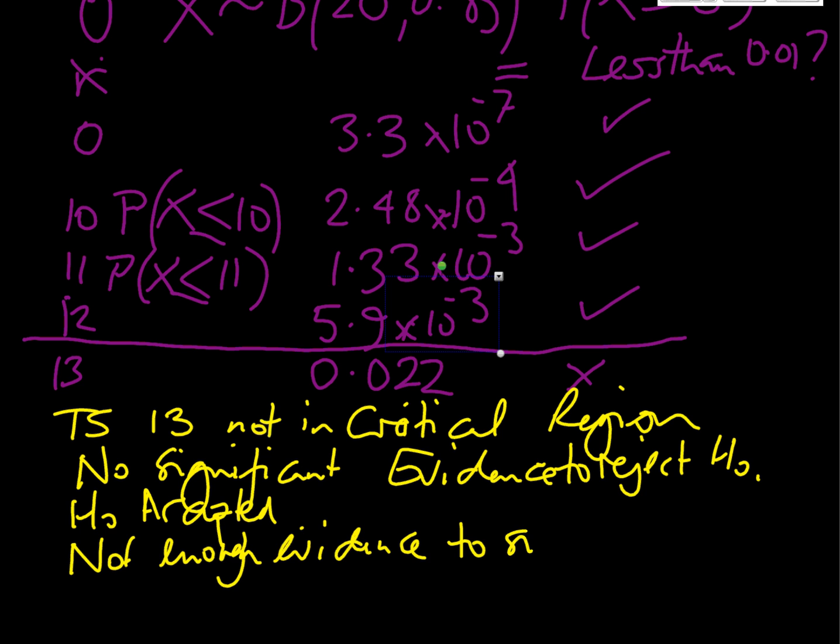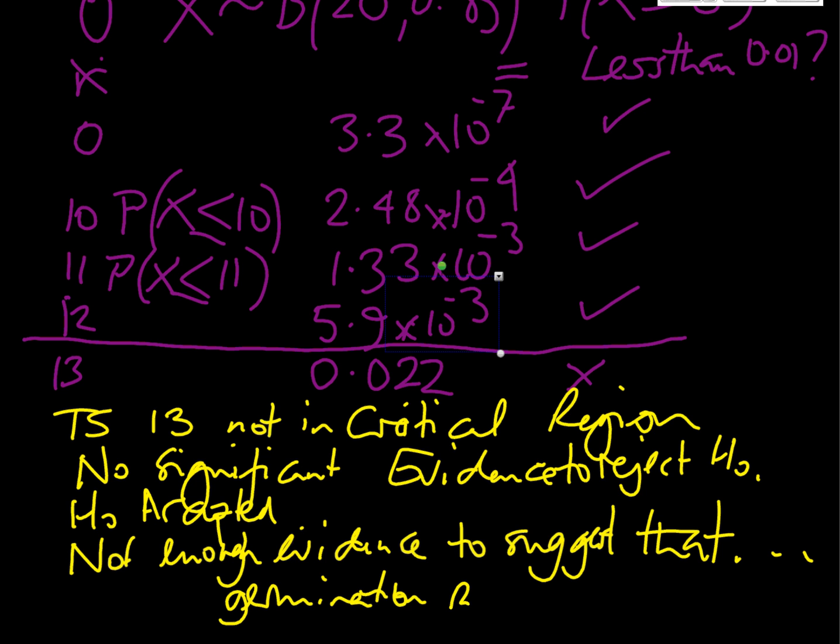These are the words in the MEI, so you can use suggest, or you could use indicate, that the germination rate is lower. And that's what we were trying to test in the first place.